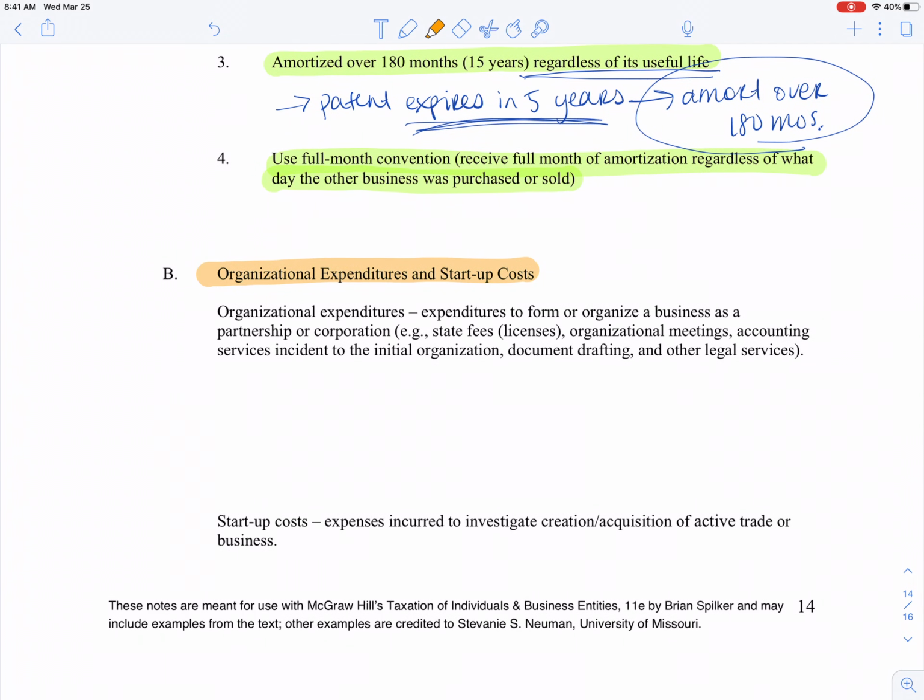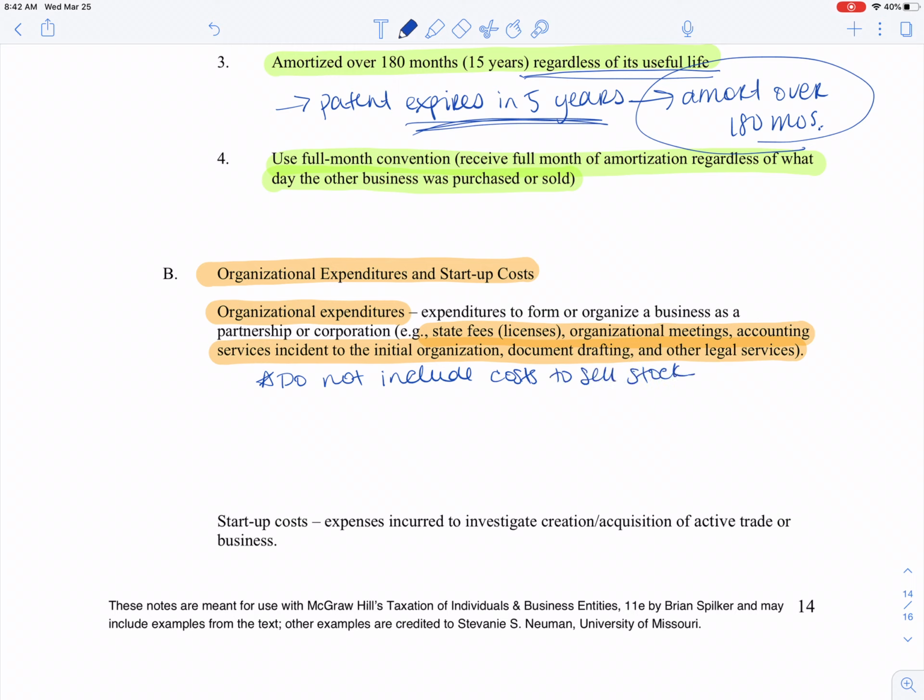All right, let's talk about then organizational expenditures and startup costs. So first, let's define organizational expenditures. These are expenditures to form or organize a business. The types of things we're looking at are state fees and licenses, accounting service to start the organization, document drafting, and other legal services. Okay, so think about those sort of legal type things that you have to do to start a business. I want to add that you do not include costs to sell stock.